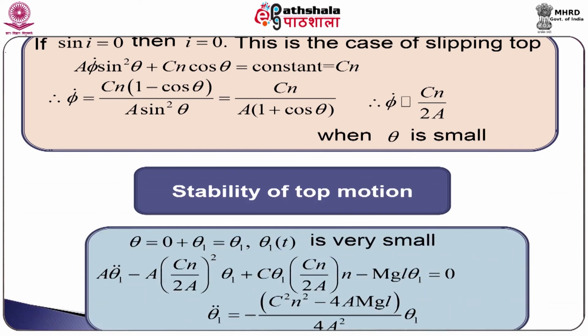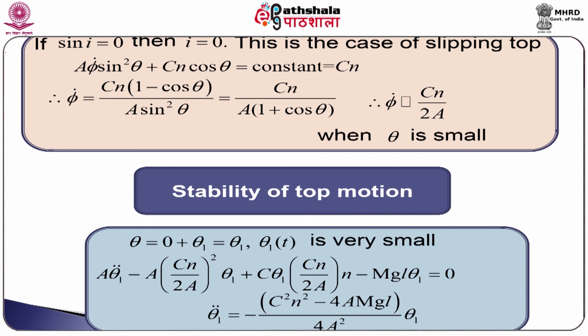Let us discuss the stability of top motion. To discuss the nature of steady motion for which I equal to 0, we set theta equal to 0 plus theta 1. That is, to check the stability, we just give a rotation theta 1, where theta 1 depends on time t and is very small.